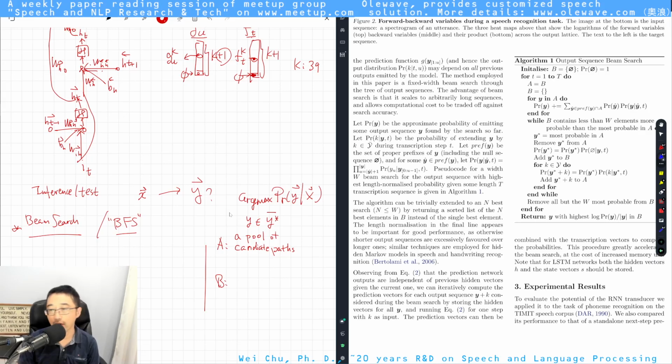B is like the best path up to now, up to T and U, being maintained.